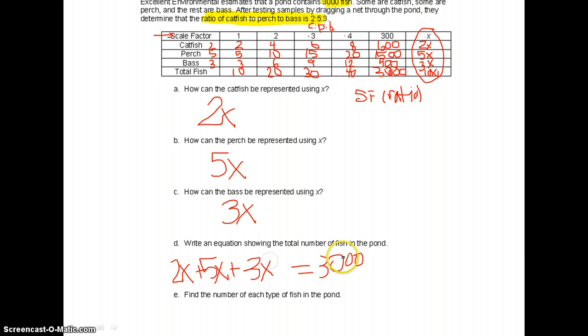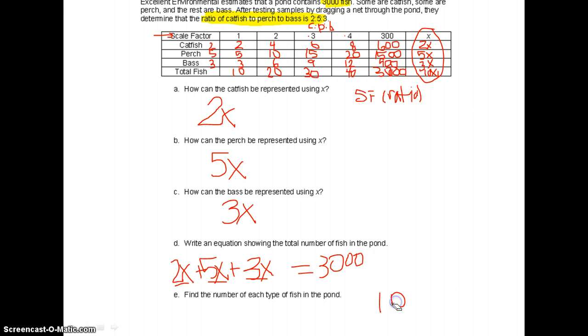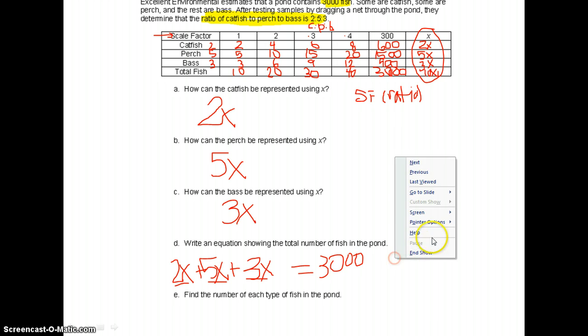And now we just solve, because E says find the number of each type of fish in the pond. So 2x plus 5x plus 3x would give us 10x, because they're all the same last name.